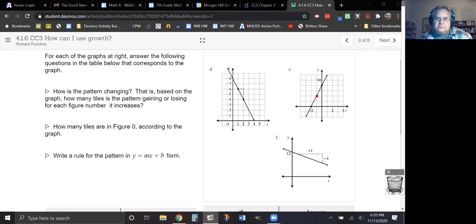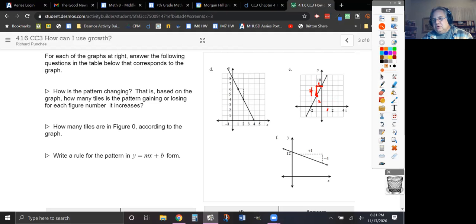So if I'm going from this point to this point, I'm going to go up 2 boxes, but 2 boxes is 4 tiles, and then I'm going to move over 1 figure number. That's a problem, because if you're not paying attention to the fact that it grows by 2 in the y direction, but by 1 in the x direction, you might miss that little fact.